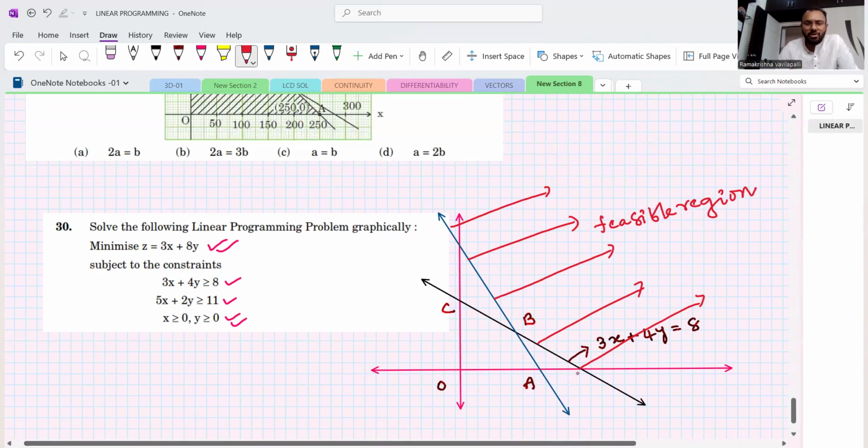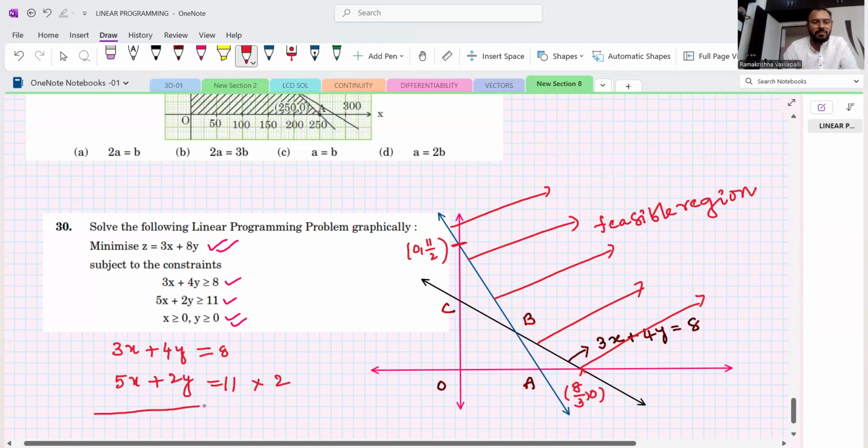All right. So this point is (8 by 3, 0). And this point, from the second constraint, is (0, 11 by 2). Done. And solve these equations: 3x plus 4y equal to 8, 5x plus 2y equal to 11. You multiply the second equation by 2 and then subtract.